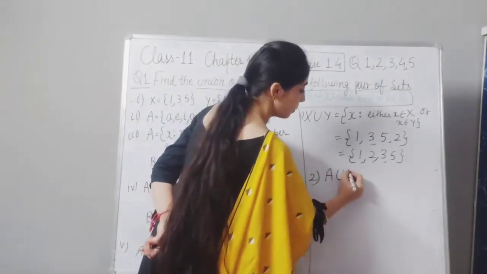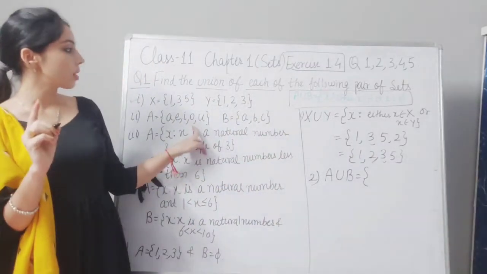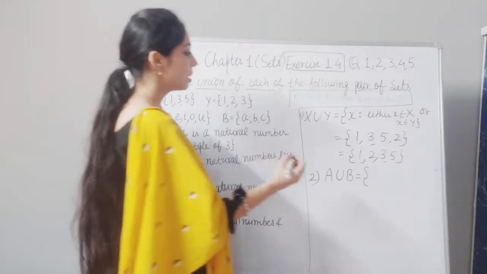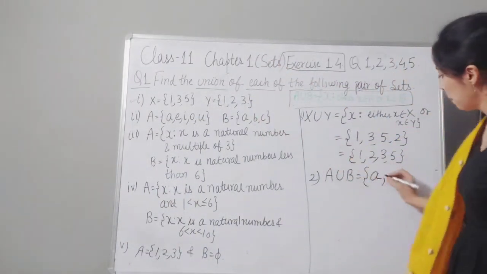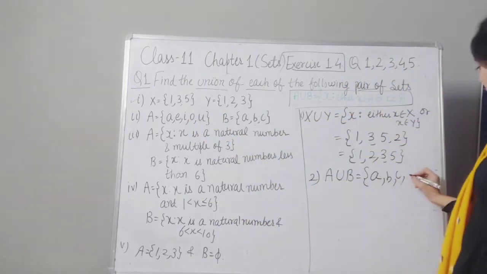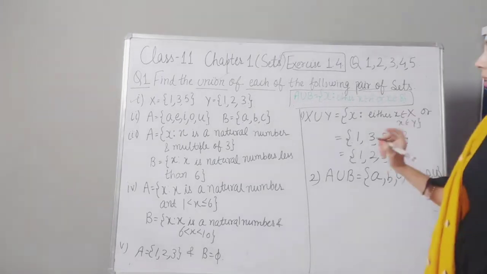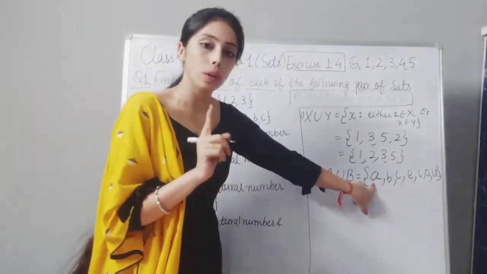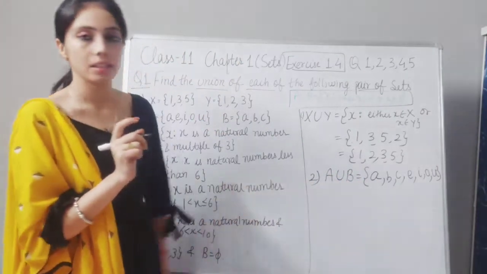We will denote it by A union B. This will contain those x which are in either A or B. So we will write it as a, b, c, e, i, o and u. Here only the element a is repeated and we write it only one time. So A union B is this.